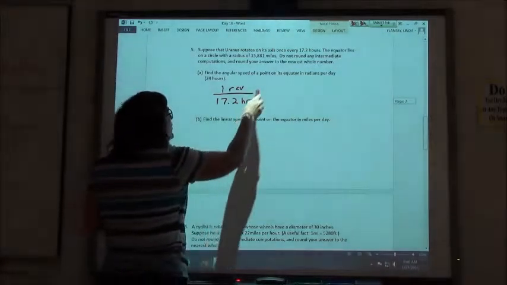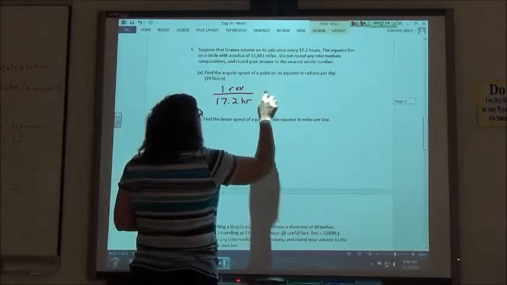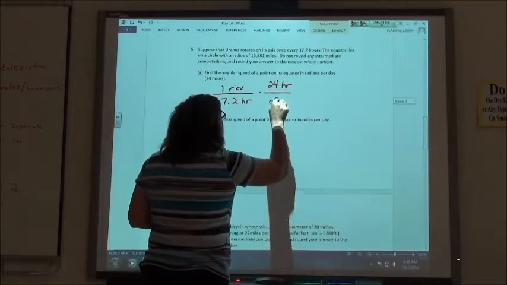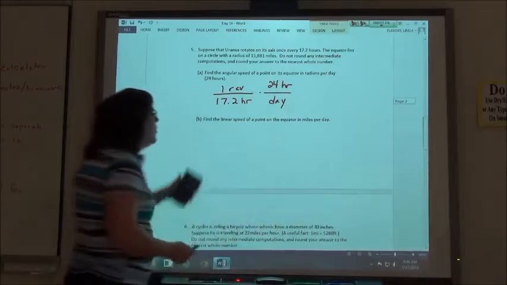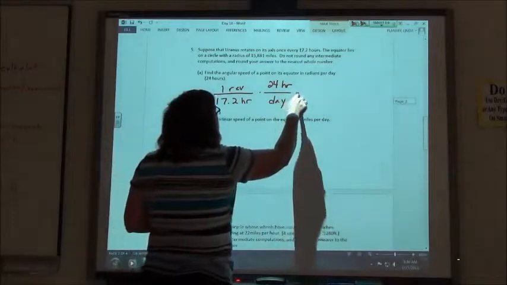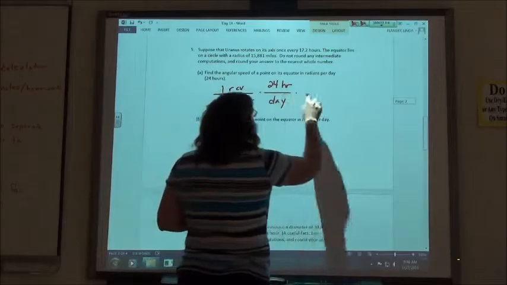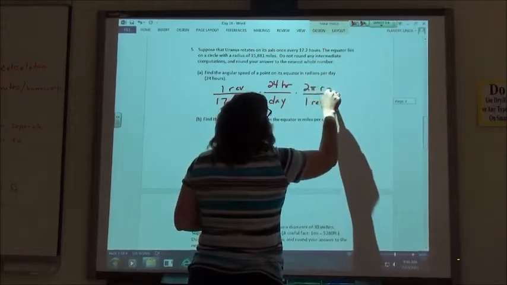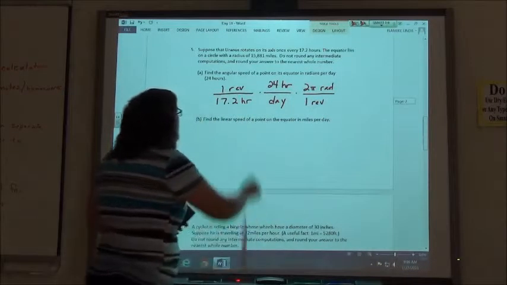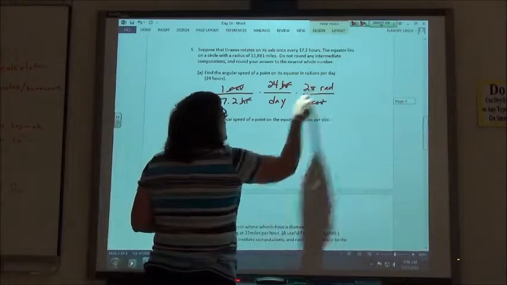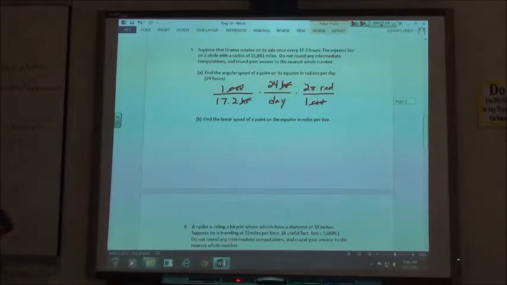So if I first of all deal with my hours, we know that there are 24 hours in a day. So that will give me revolutions per day. We want to change our revolutions into radians, and so we know that 1 revolution is 2 pi radians, so that our revolutions cancel out, our hours cancel out, and we get radians per day for our units.